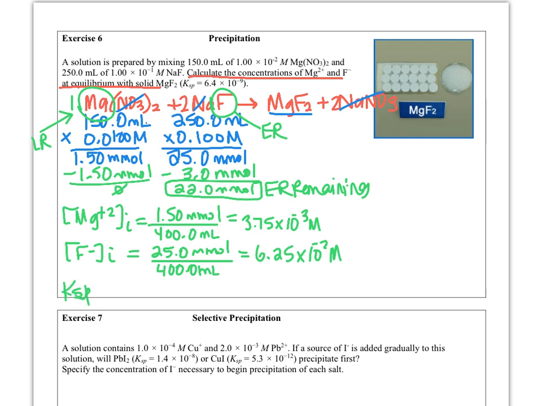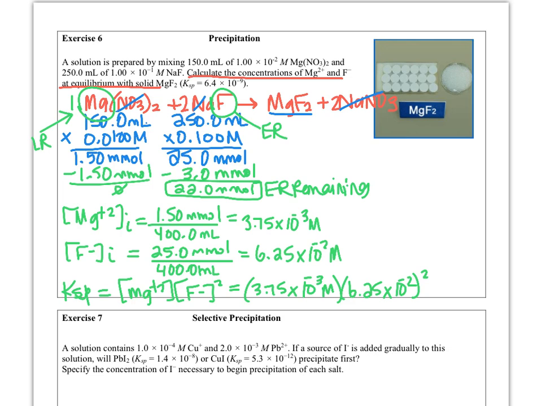Okay. So then I'm going to plug that into the KSP expression, right? So my KSP expression is going to be the concentration of Mg plus 2 times the fluorine concentration squared. So when I plug those in, I'm going to take 3.75 times 10 to the negative 3rd molar. And I'm also going to take 6.25 times 10 to the negative 2, and I'm going to square that because there's two of those in my equation, right?